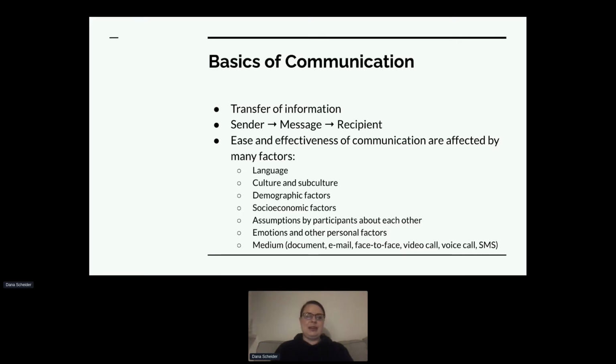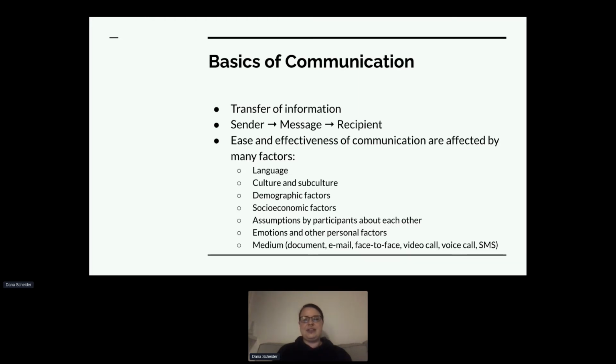By now, most of us are familiar with the fact that communicating sarcasm over text messages is difficult compared to face-to-face. And this is what I'm talking about here, that different media allow you to take different signals from the sender and process them.